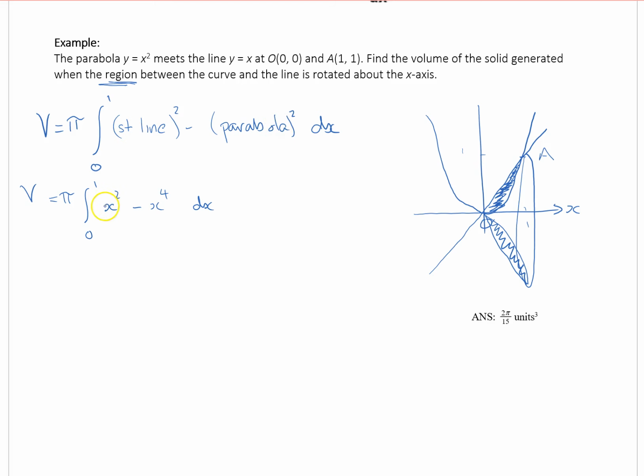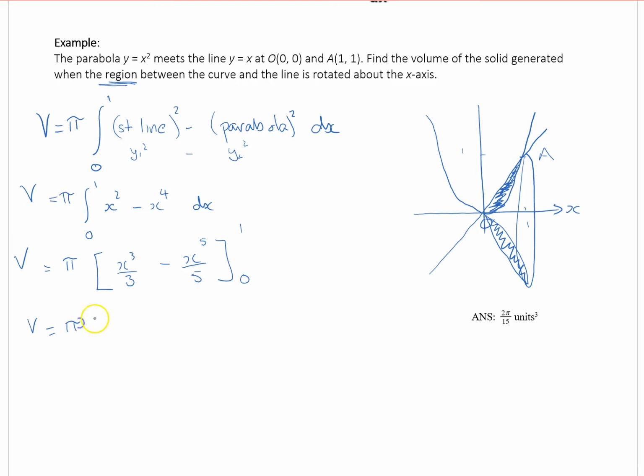So the straight line squared, the straight line was just y equals x, so it's x squared, because remember that was y1 squared minus y2 squared. And y1 is our straight line, and y2 is our parabola, because it's underneath, and squared that gives x to the 4th. So our volume is pi times the integral: add 1 to the index, divide by the new index, and we're going from 0 to 1.